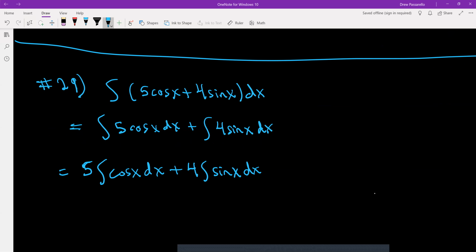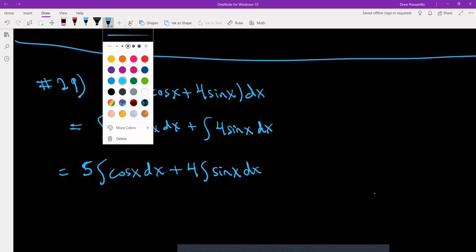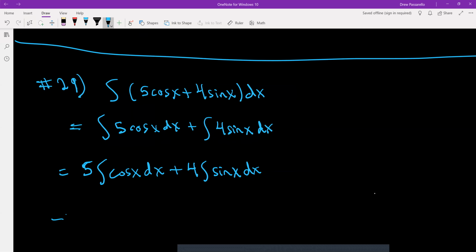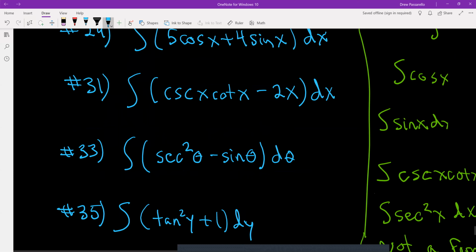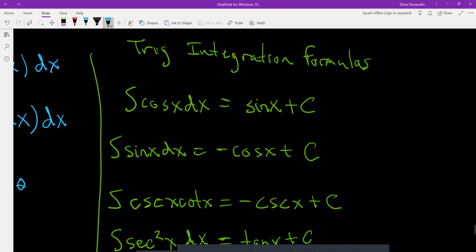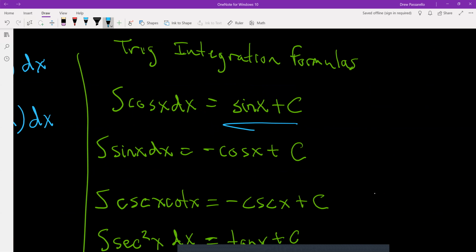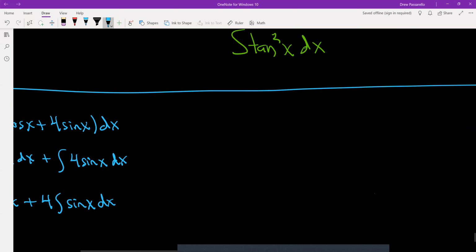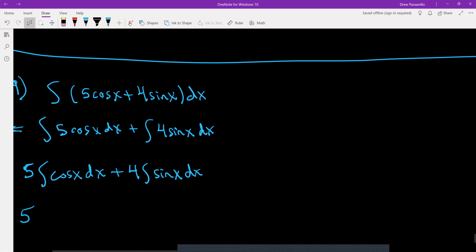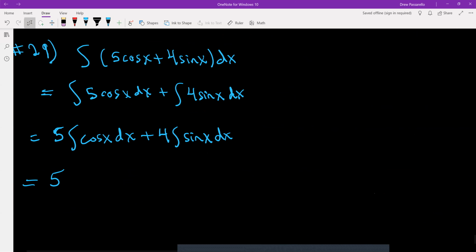All right, so now it's just a matter of applying the correct formula. For cosine, from the list of formulas, the integral of cosine is sine. And for sine, the integral is negative cosine. The signs are switched for integration, because normally when we take the derivative of cosine, it's negative sine, but when we integrate cosine, it's positive sine.